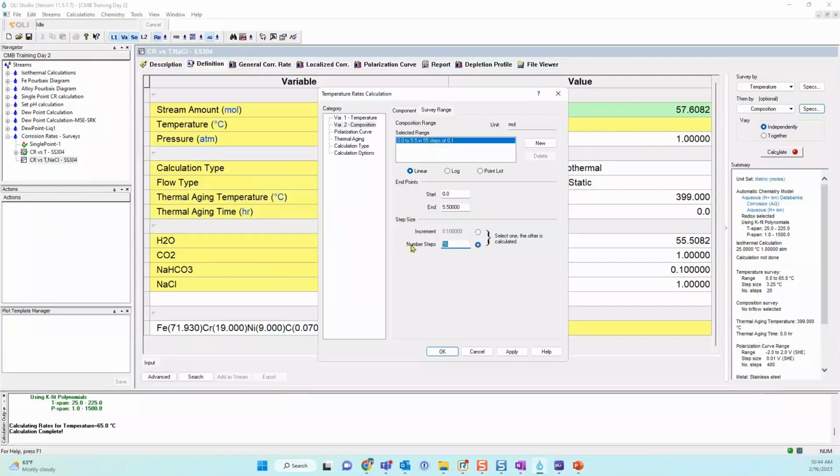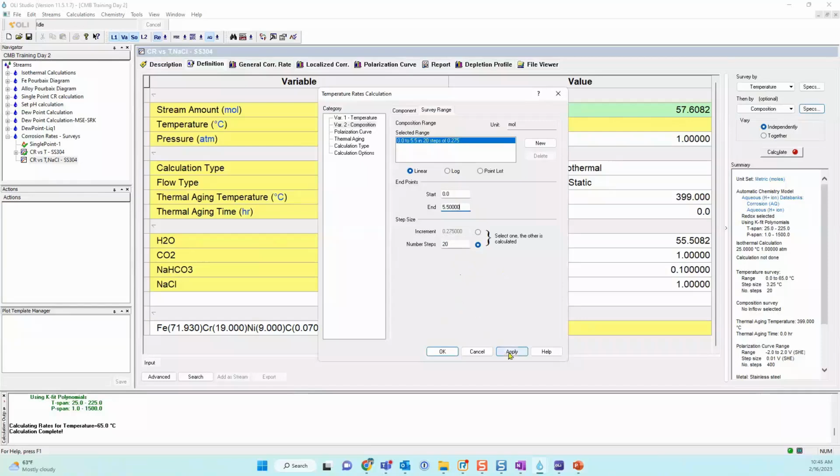So that will give me a matrix of 21 by 21, because we also have the first step. So that will be 121 points, right? Now I don't know, yeah. And this will be how we set up the composition survey for my second variable.